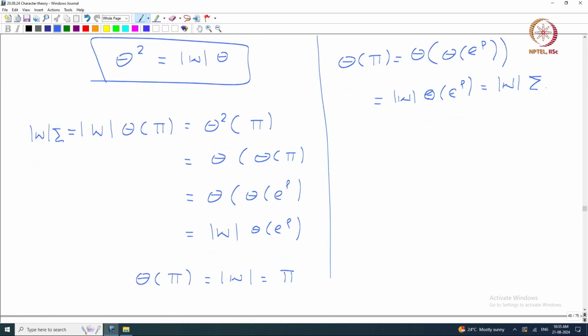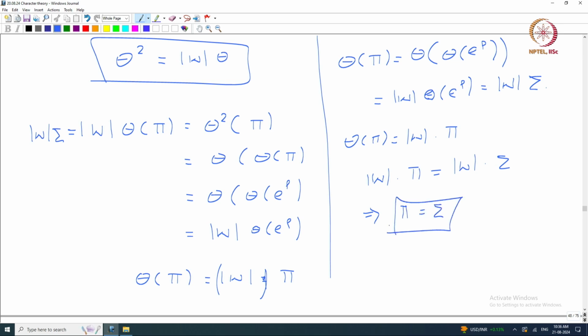Now, on the other hand, we have that theta of pi is nothing but the cardinality of W times pi. So, now you put them together, you can see that the cardinality of W times pi is equal to the cardinality of W times sigma. So, that will force pi equal to sigma. Both sides you have an alternating sum.